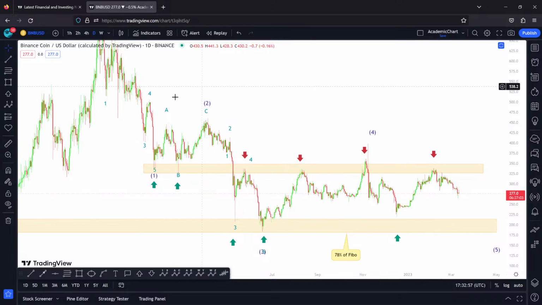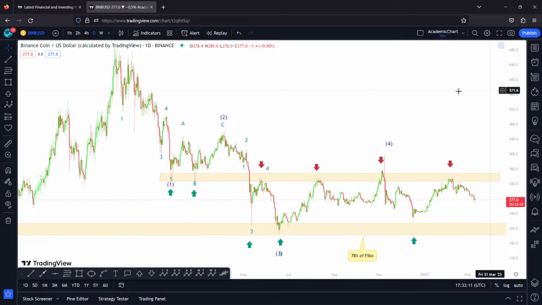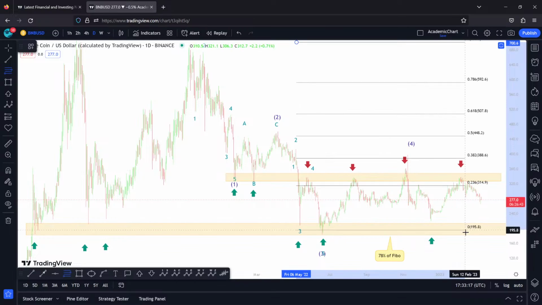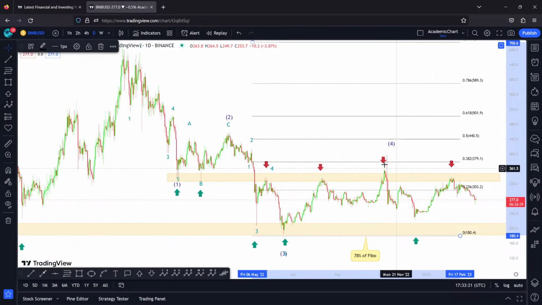After this 1, 2, 3, this major big one, I'm seeing a very long corrective structure, and of course it's a sideways wave. The most important thing is that it has not reached the 50 percent. I can show you that if I draw a Fibonacci retracement, this correction has reached 38.2.